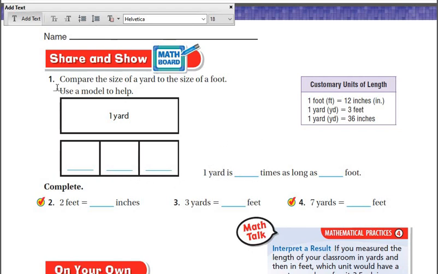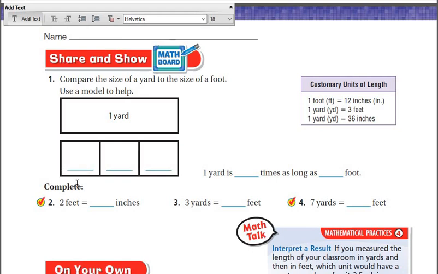In number 1, we will compare the size of a yard to the size of a foot. We will use this model to visualize the difference, which is greater and which is less. Here we have 1 yard, and we know that 1 yard equals 3 feet. So each square here represents 1 foot, so we make it smaller.